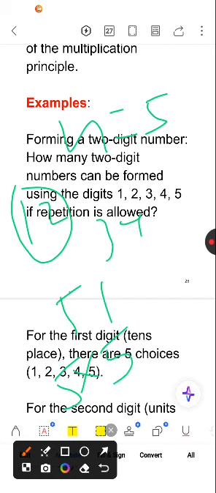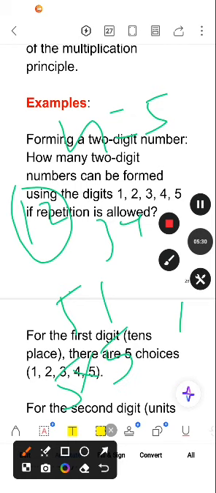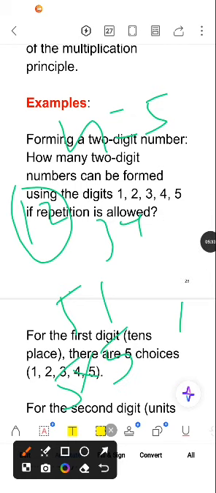Anytime repetition is allowed, when an object is selected, the same object can also be selected the same number of ways. In this case we have just 2 digits. The first selection has 5 possibilities, and for the next selection you can select the same number, because it's like a ball that has been replaced. That also gives the same possibility.